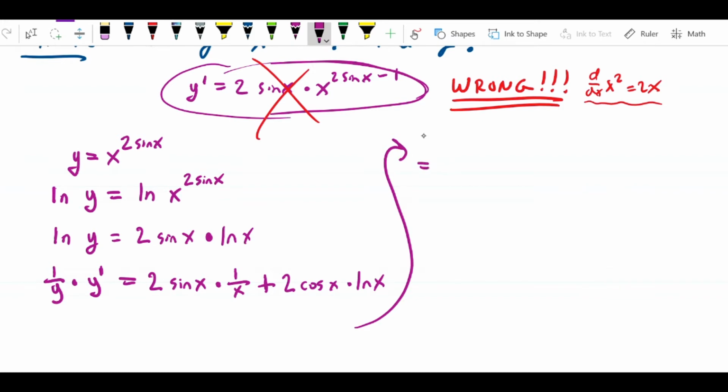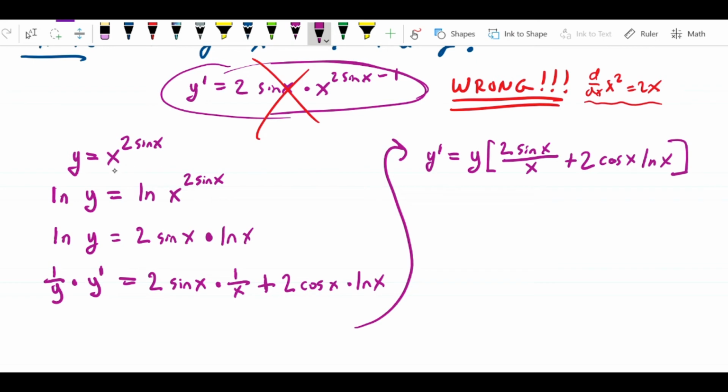That gives us y prime is equal to y times 2 sine x over x, and then plus 2 cosine x ln x.